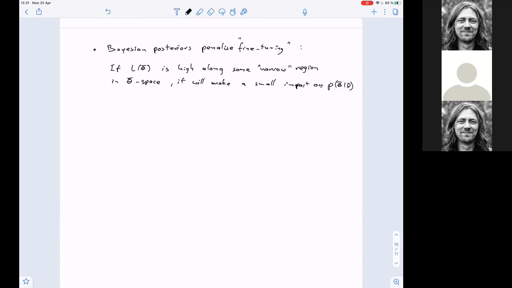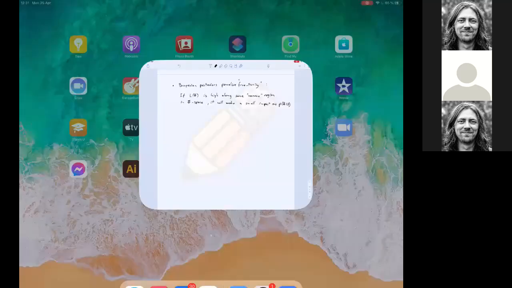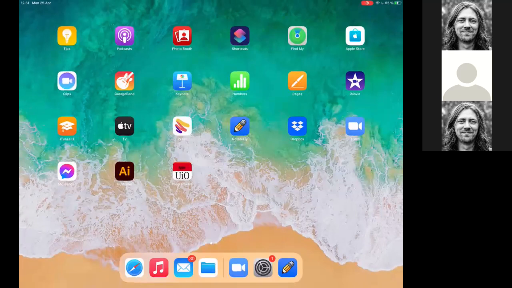And then say if you have 2 separate regions in parameter space that can give more or less similar good fits to the data, one is some broad region of parameter space over here, and one is along the strip theta 1 equals theta 2, then that broad region will get a higher posterior than that thin region. And I'll show you a specific example.